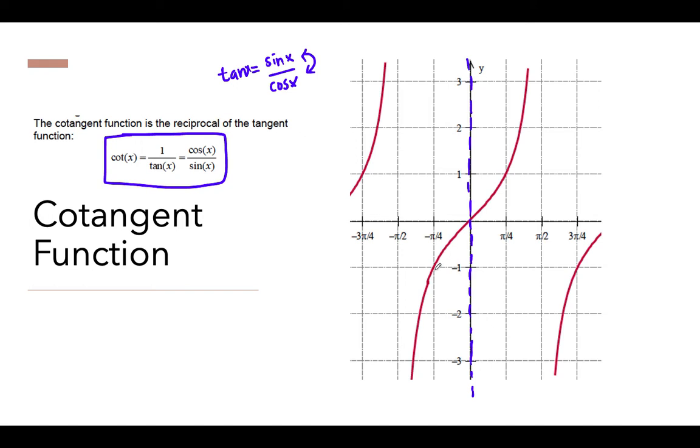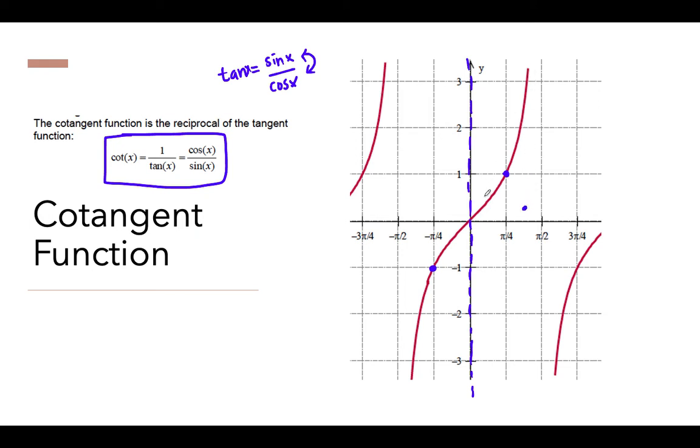Let's say for example, if I were to flip the y value at negative pi over 4, it's at -1, so -1 stays the same, and pi over 4 at 1 stays the same. What about when it's right in between pi over 4 and pi over 2? We have 2. If I take the reciprocal of 2, it's going to become 0.5. So it's coming here.